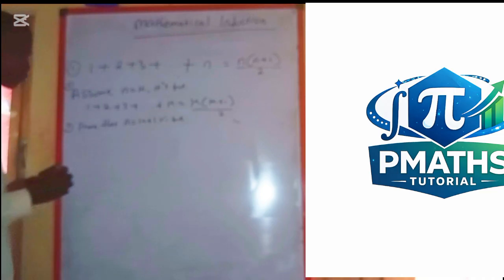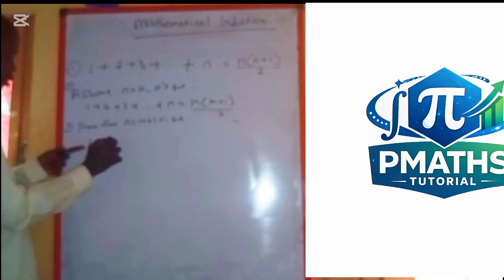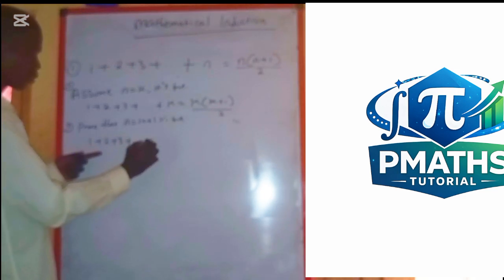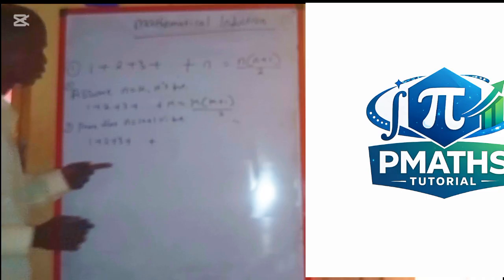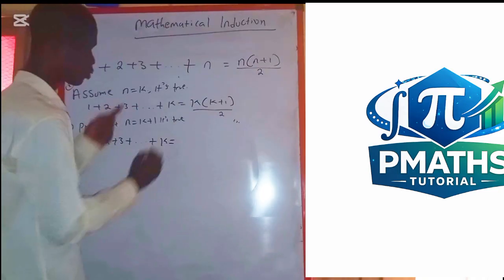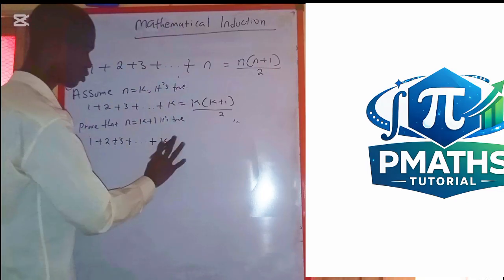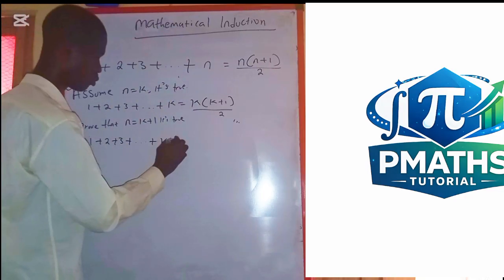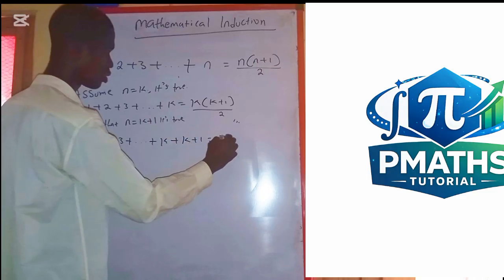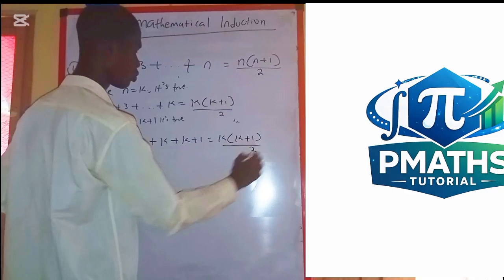So that's 1 plus 2 plus 3 plus dot dot dot plus k, plus my n is k plus 1, equals k bracket k plus 1 over 2.